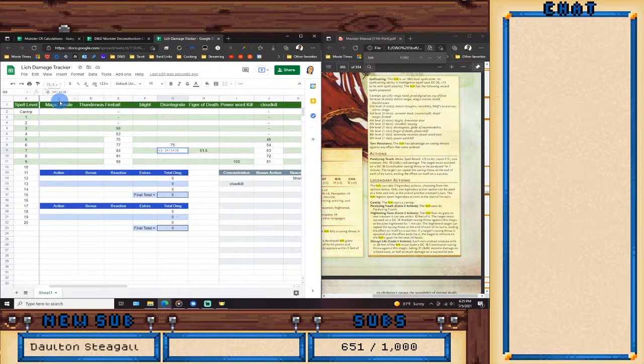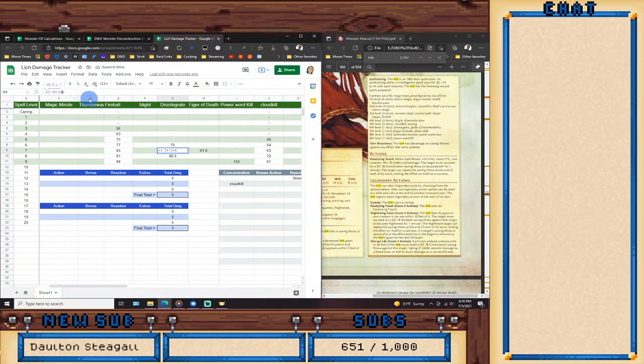It should be much more than just an extra half point of damage. Weird. Let's see here. 3.5 times 13 equals 45, plus 40. Okay, that's the proper number.